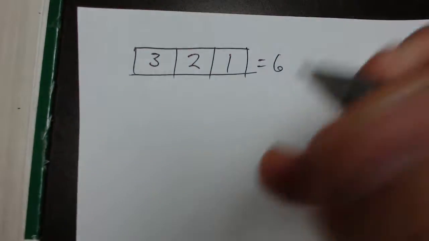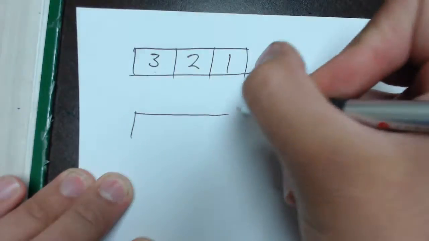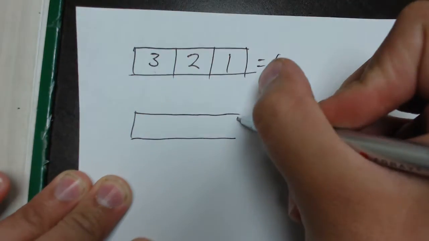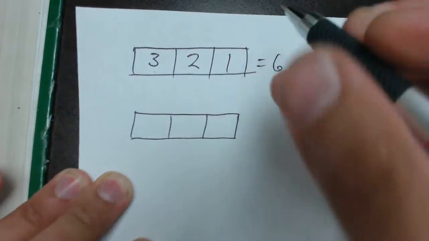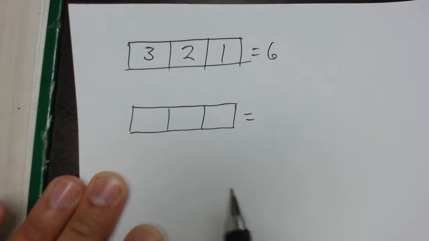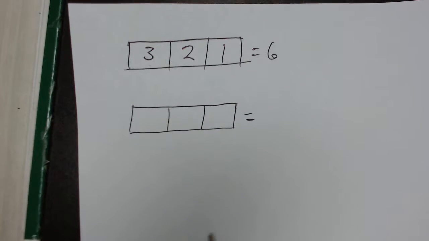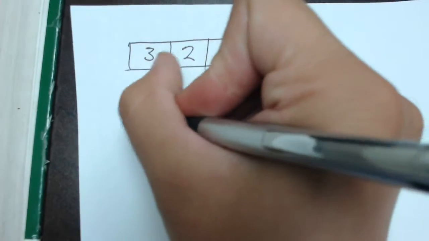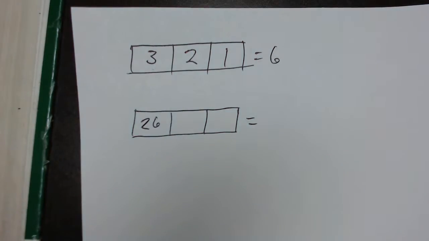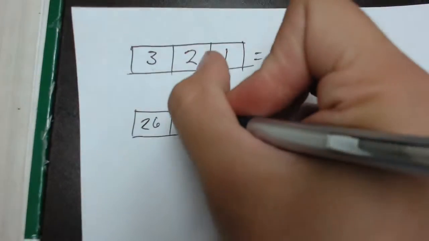Now let's say I wanted to arrange three letters in a row, and I was able to use all 26 letters of the alphabet. I wanted to find out all the permutations I could create only using three letters, but I'm allowed to use all 26 letters of the alphabet with no repetition. Well, the first box, I have 26 options. In the second box, I've used one, so now I have 25 options.